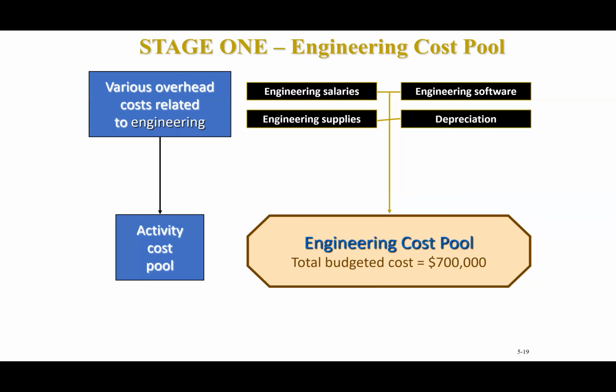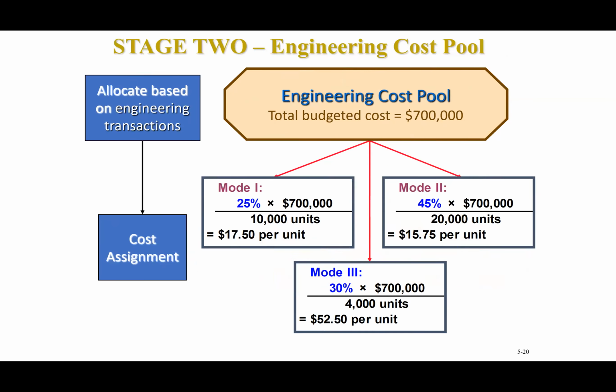We were given $700,000 allocated in stage one to the engineering cost pool. Since we have 3 models, Model 1, Model 2, Model 3, we can't simply divide it by 3 because each product is different. Model 1 is much simpler, and Model 3 is complicated, Model 2 also complicated.